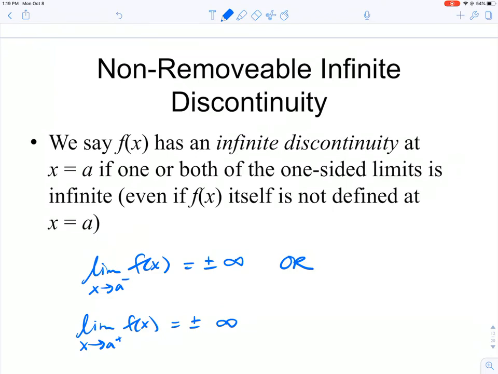It just has to be one of the one-sided limits. Like you could have the limit as x approaches a from the left equal to a number, and if the limit as x approaches a from the right is equal to, say, positive infinity, there's an infinite discontinuity.